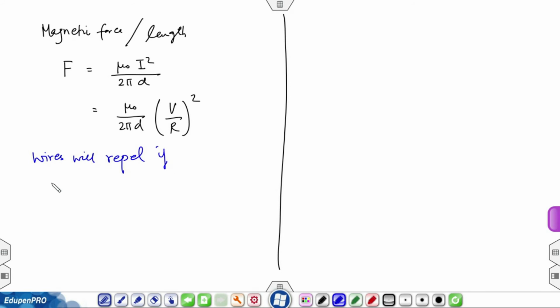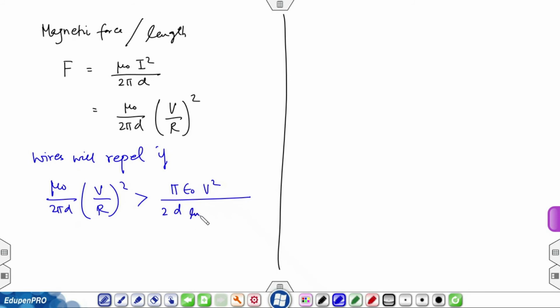if the magnetic force is larger than the electrostatic force, which we have calculated to be pi epsilon 0 V squared over 2 d, log of d over a, whole squared.